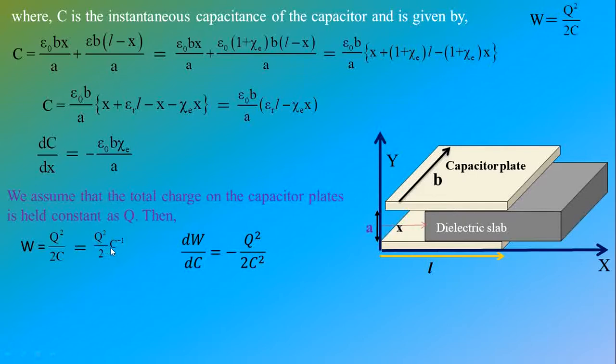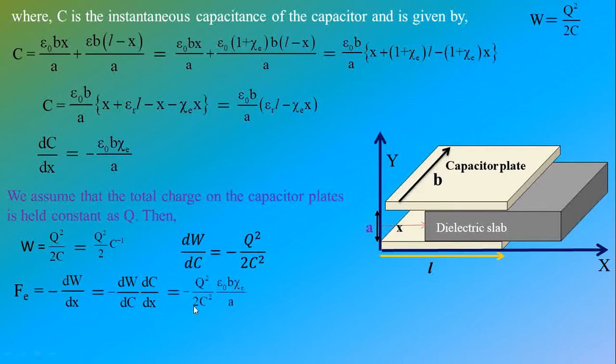Finally, Fe is equal to minus dW by dx, which can be expanded as minus dW by dC into dC by dx. We can substitute both these equations from the previous ones.